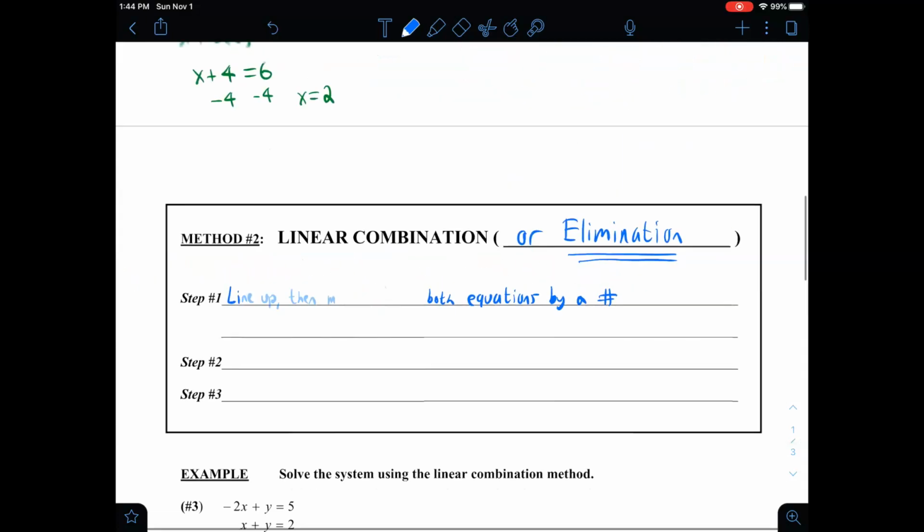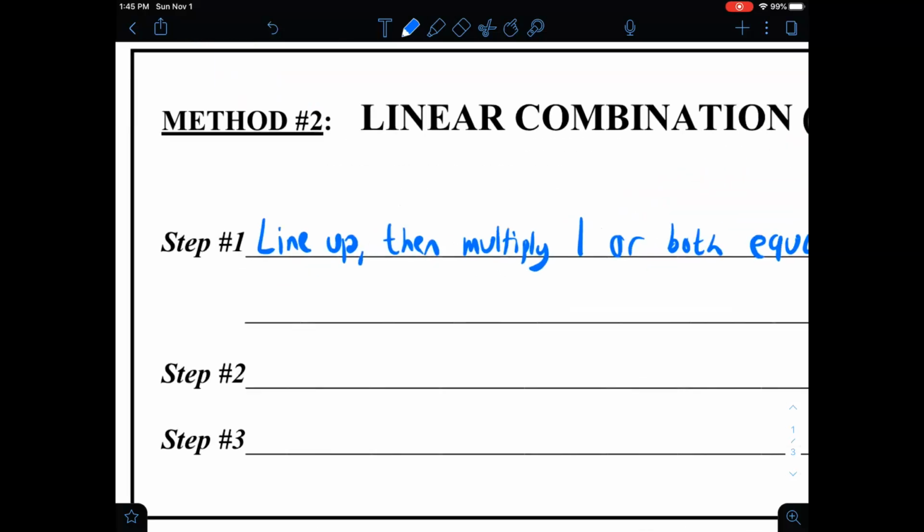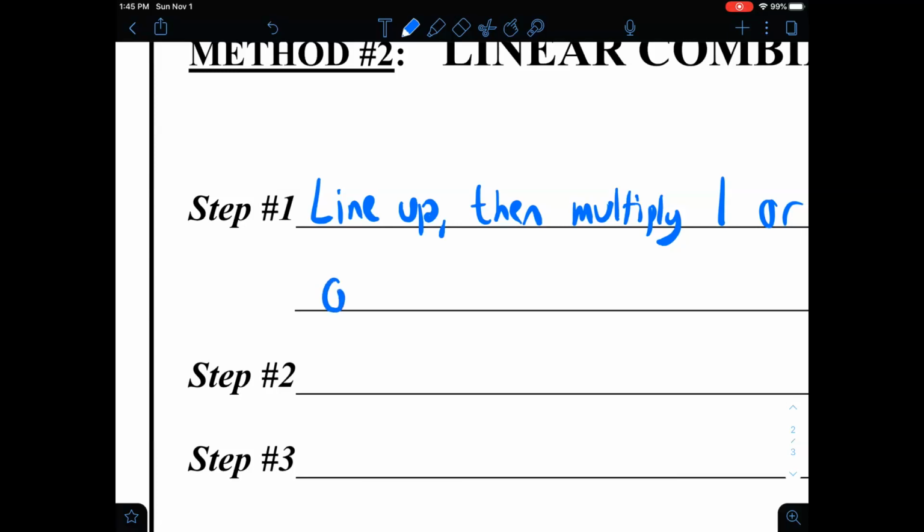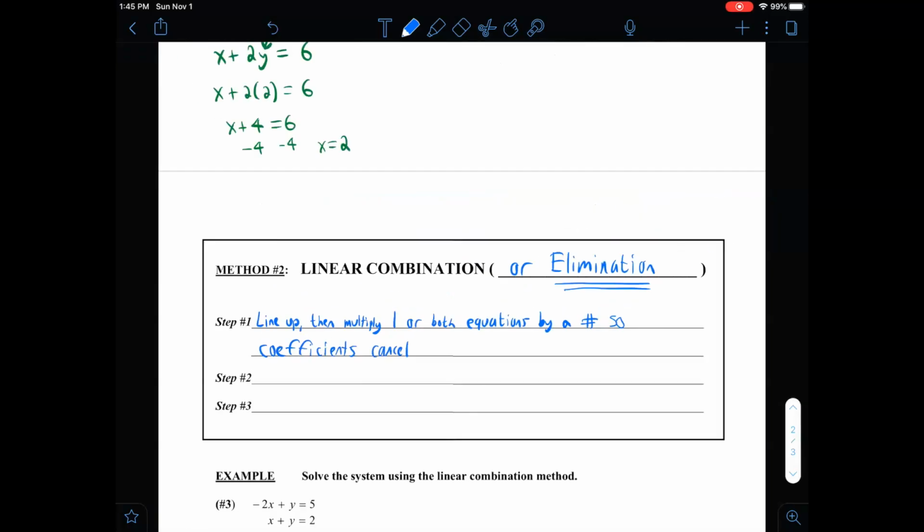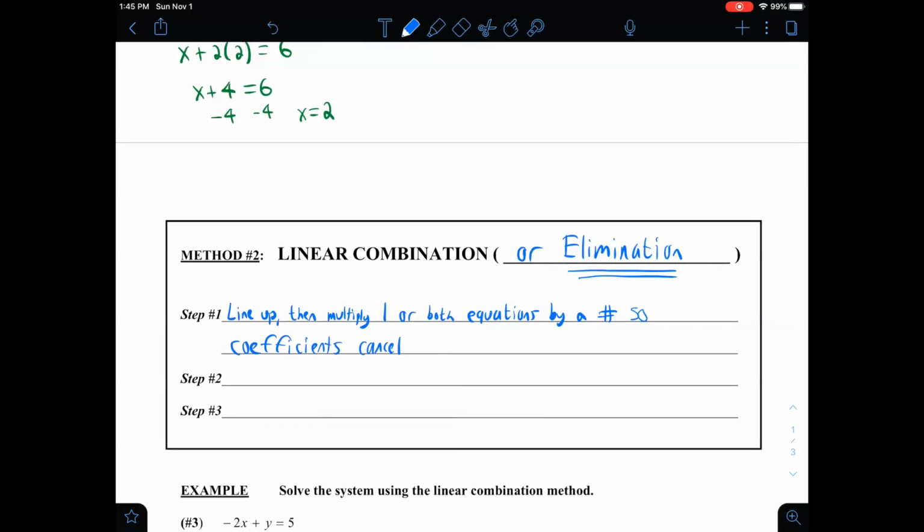I'll pause there for a second and zoom out so you can see that. Line up, then multiply 1 or both equations by a number, so coefficients cancel.